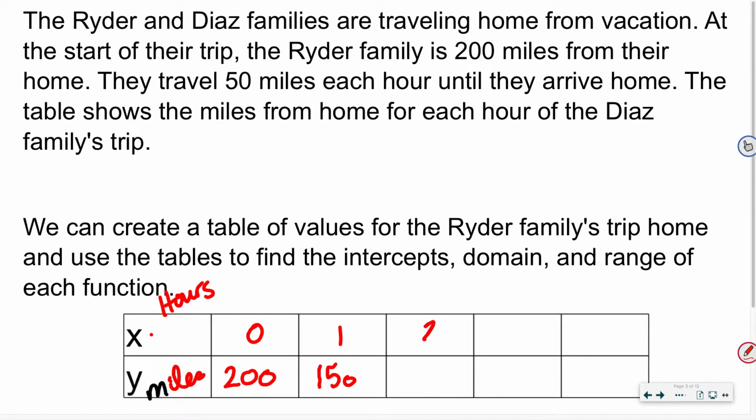And then? 2 hours, 100. Okay. 3 hours, 50. 4 hours, 0. Okay, what about the fifth hour? Negative 50. Negative? Nothing. Why? It stops. Why? Because they have no more miles to go. Yeah, they're already home. They have no more miles to go. Once they got home, their distance from home was 0 miles.